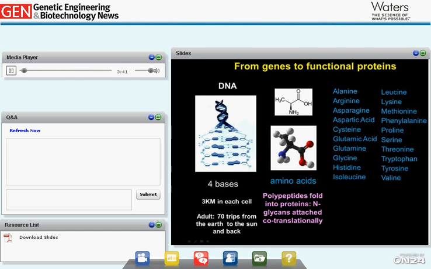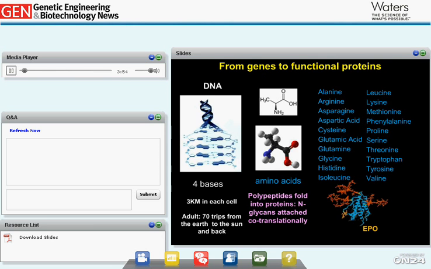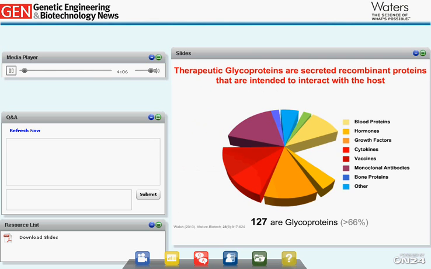And then the magic ingredient are the post-translational modifications, in particular the N-linked glycans and the O-linked glycans, which are attached co-translationally. Here you can see a picture of erythropoietin. You see how huge the orange sugars are, both the 3 N-links and the small O-link. So why are we so interested in glycoproteins?